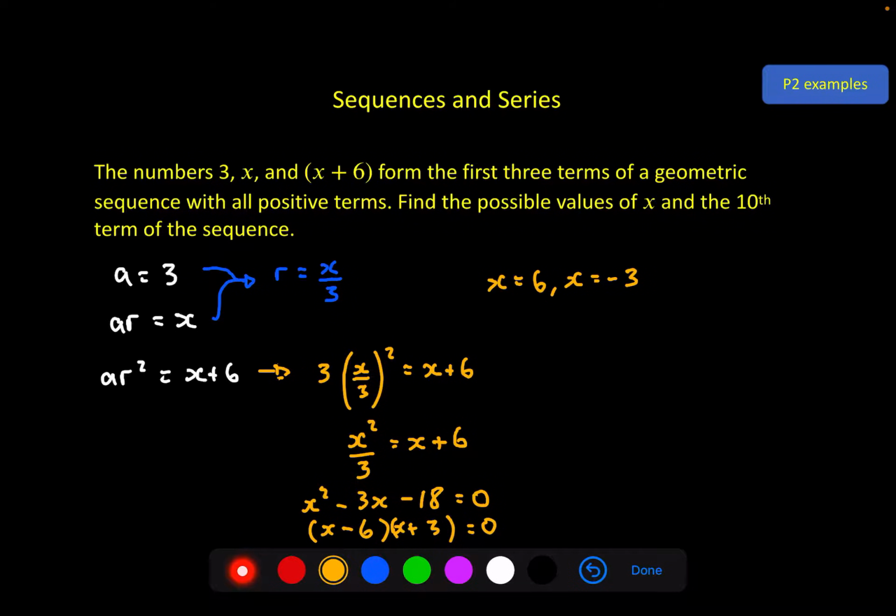Now I suspect that's what they mean when they say find the possible values of x, if you stop there. But they do tell us that all terms are positive, so r must be positive, which, given the relationship here, means x must also be positive.